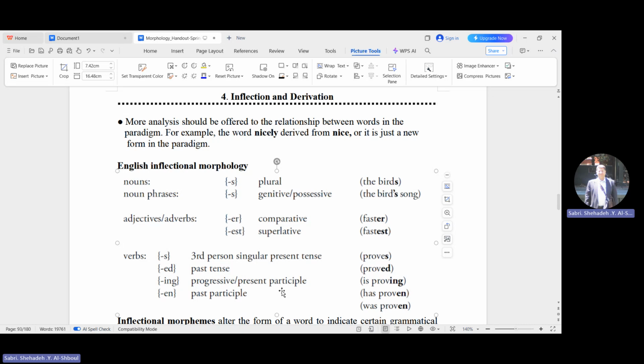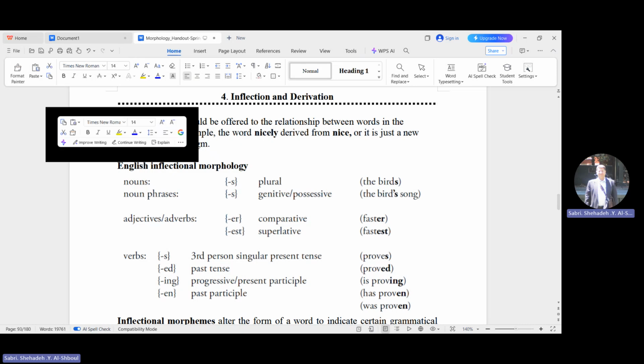This chapter explores the major differences between these two morphological processes in terms of function, productivity, regularity, position relative to the base, semantic transparency, lexical versus grammatical roles, and the interface with phonology.